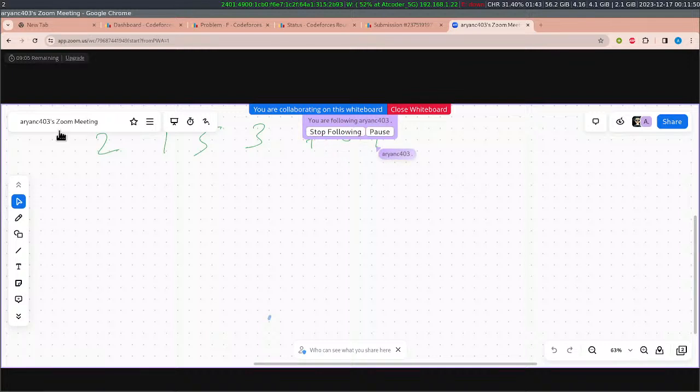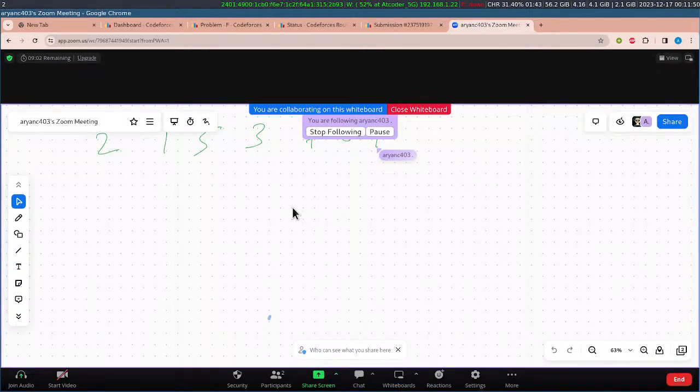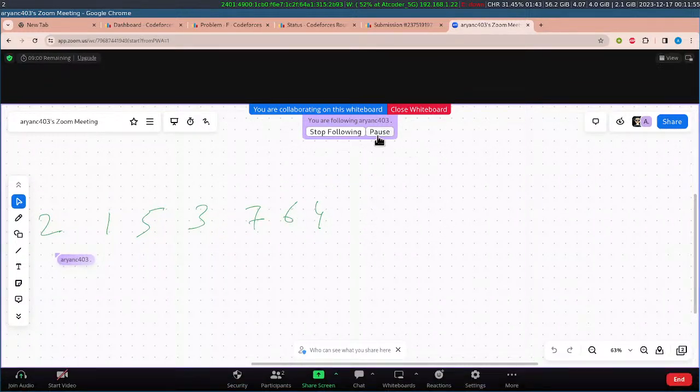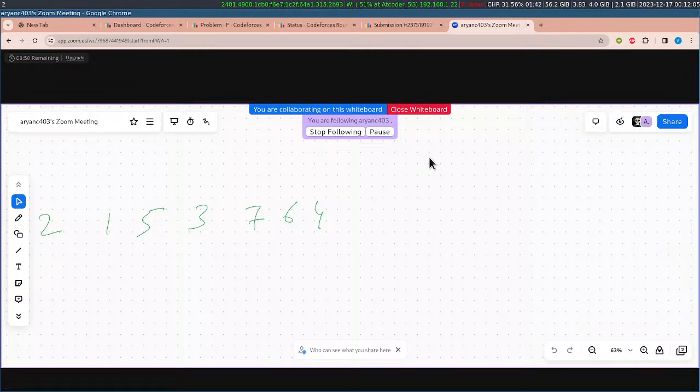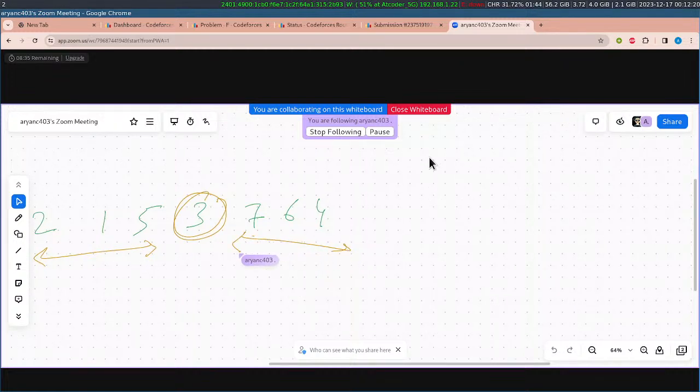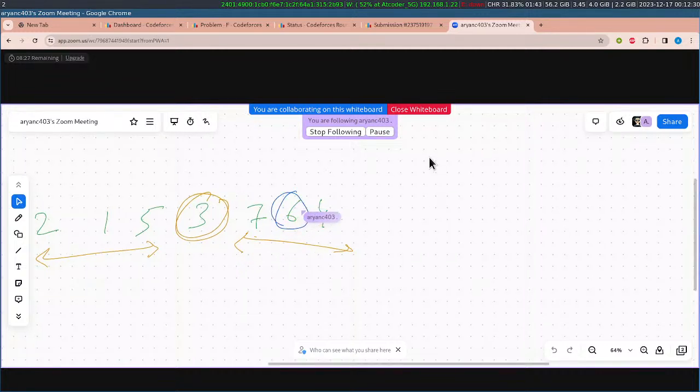If we look over here, if you want to see whether an index is good or not, everything on this part should be less than 3 and everything on this part should be more than 3, which is not the case here. So 3 is not a good index over here. On the other hand, if you look at 6, 6 is also not a good index.